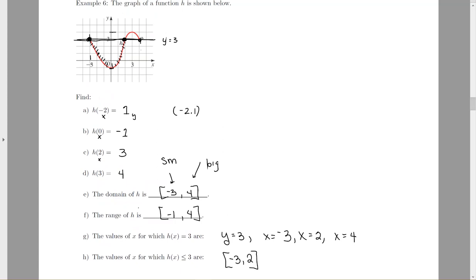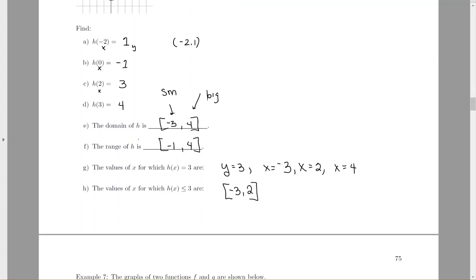But then we still have this singleton point right here at 4. I don't put that in a bracket because it's not an interval, and I don't use a parenthesis because it's a solid dot. So the way that we indicate this singleton point is by using a brace.